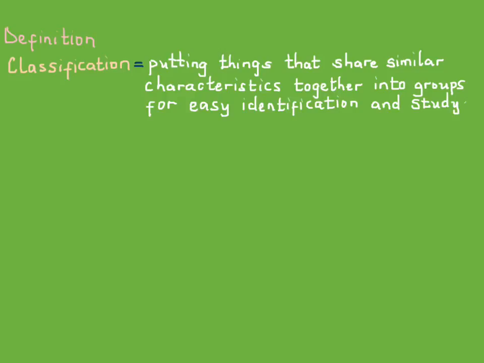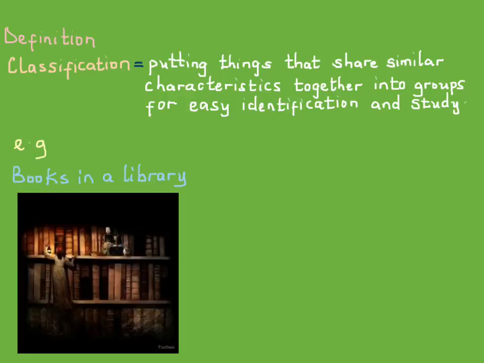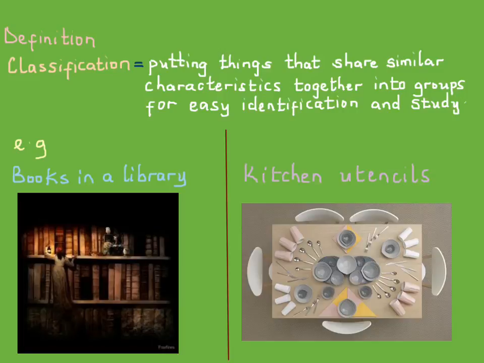Classification is practiced in everyday life. For example, books in the school library are arranged on the shelves according to the various subjects such as biology, chemistry, geography, and sociology. In the home, kitchen utensils are arranged and probably kept in cupboards.